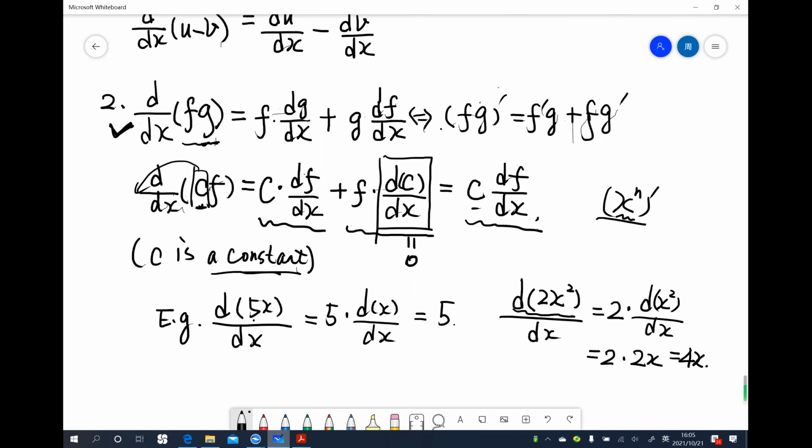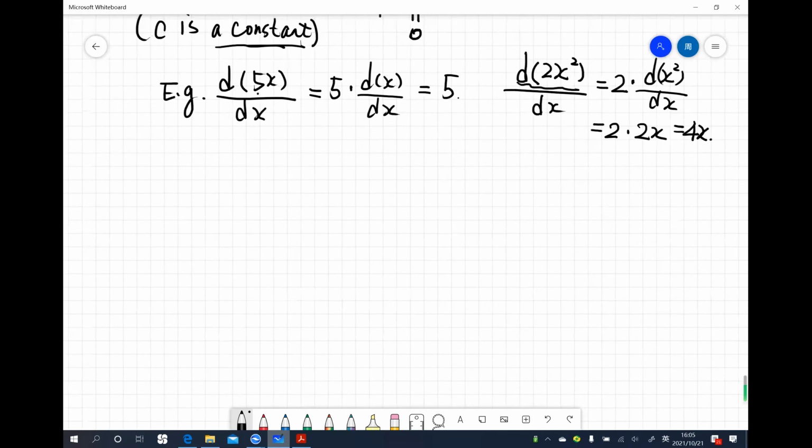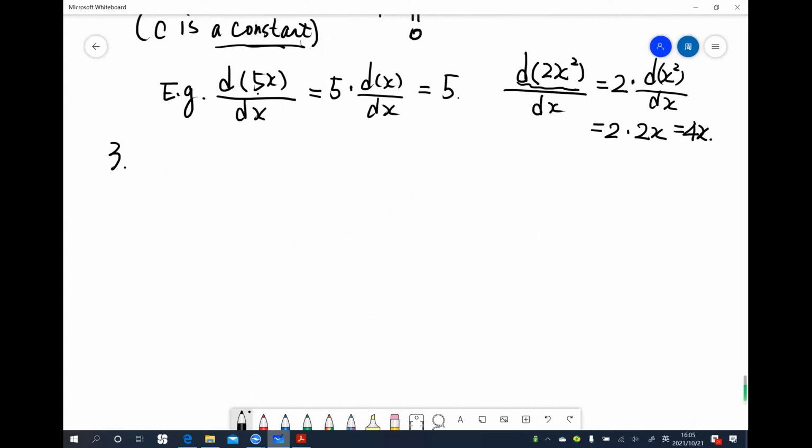And then the third rule, that is the quotient rule. I want you to calculate d/dx of u divided by v, or to make it clearer, f divided by g. I will write f by g here.